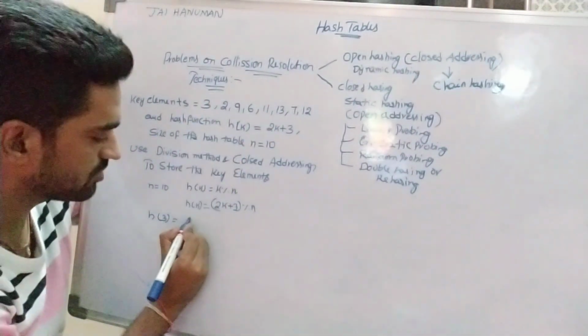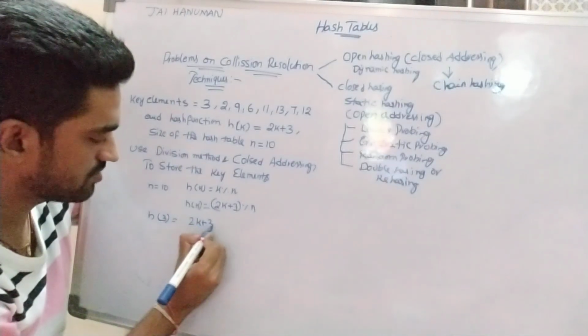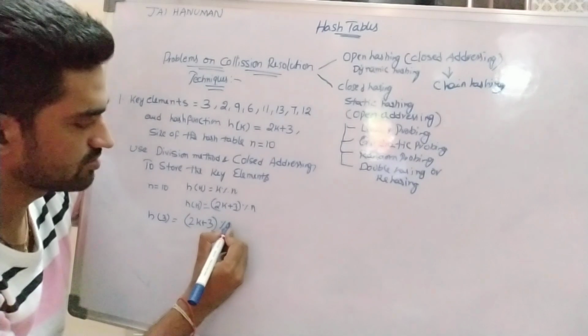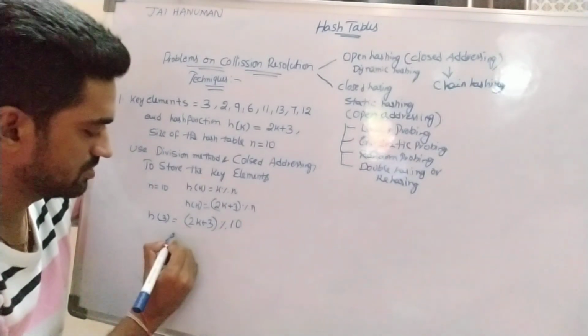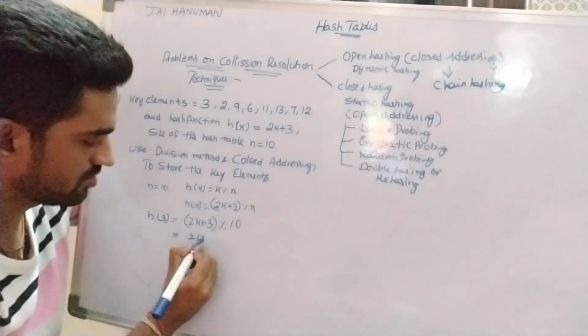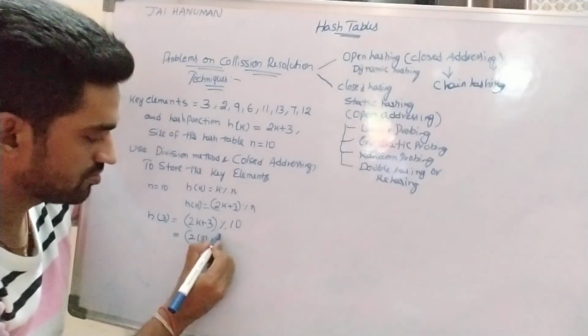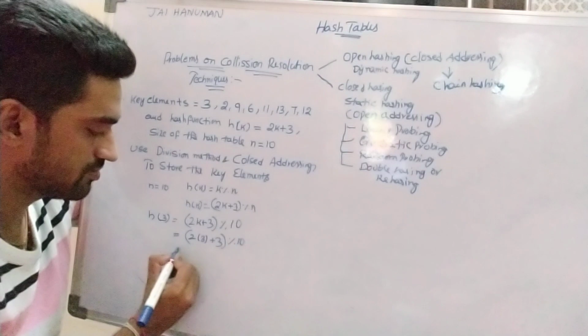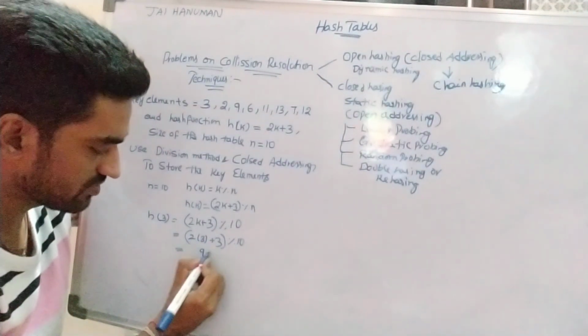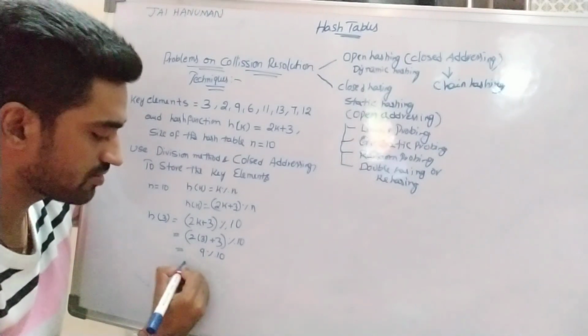So 2k plus 3 modulo the size of the hash table, which is 10. So 2 into 3 plus 3 modulo 10. 6 plus 3 is 9. 9 modulo 10.